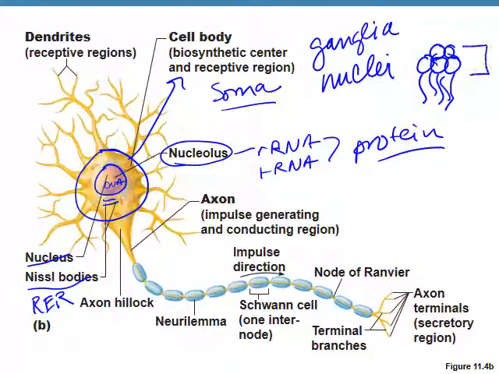But if I have a bundle of somas in the central nervous system, so in the brain and spinal cord, we use the word nuclei. If I have a bundle of somas in the peripheral nervous system, we just use the word ganglia. So instead of saying a bundle of somas located in the central nervous system, I say that area is a nuclei, so you automatically know what I'm talking about.